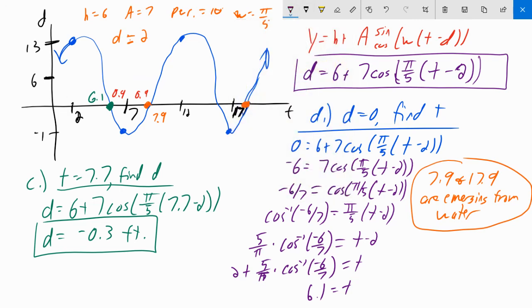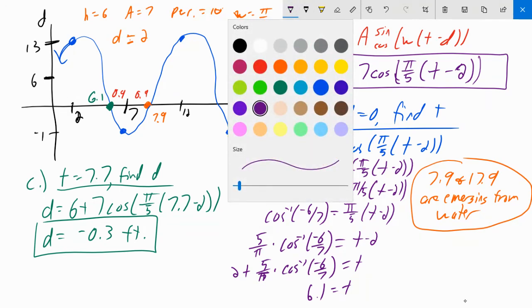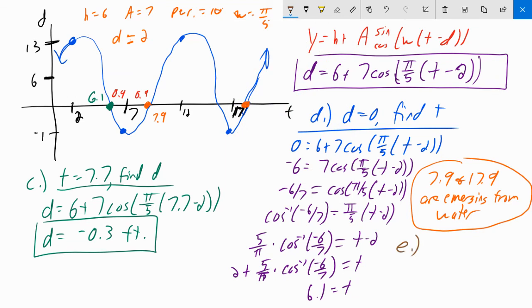So that's part D. And finally, part E, to end this, asks specifically, find the first time that the point P goes into the water. We've already done that. First time you go in the water is right here at 6.1 seconds.